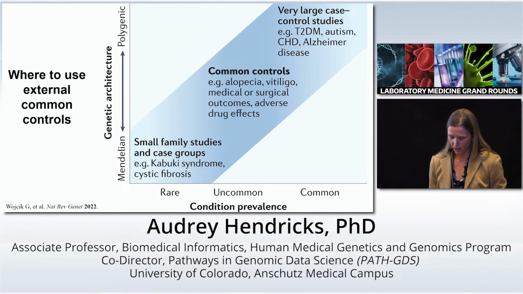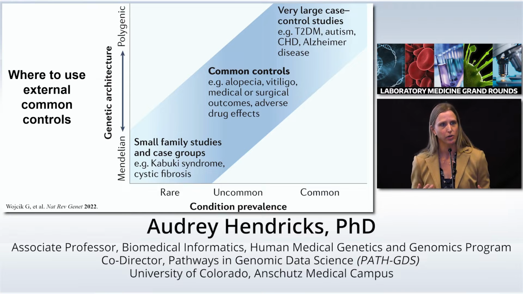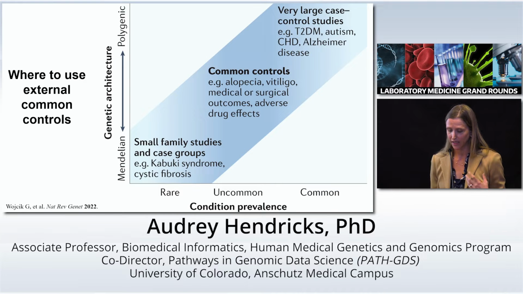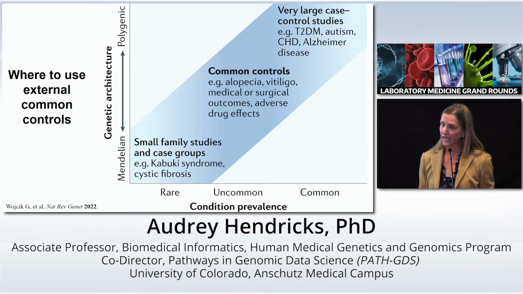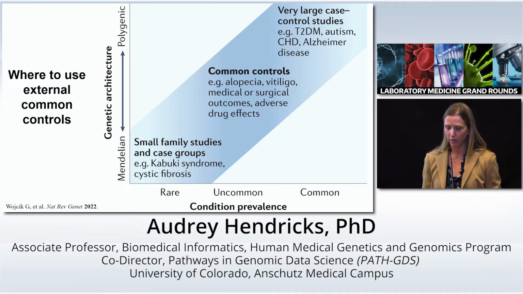So here's a visualization that we put together when we were trying to think about this. On the x-axis, we have condition prevalence, so maybe rare diseases or conditions, uncommon or common. And on the y-axis, we have genetic architecture, from Mendelian all the way up to polygenic. And so maybe we're in the space where we have a very rare condition that's driven by one or only a handful of genes.